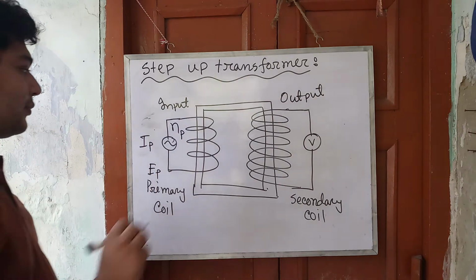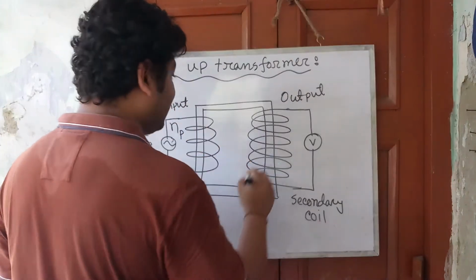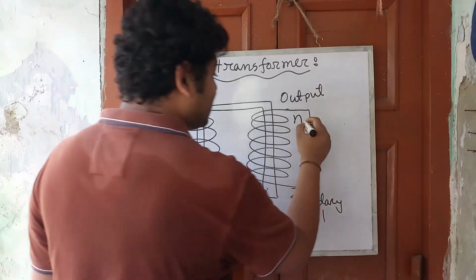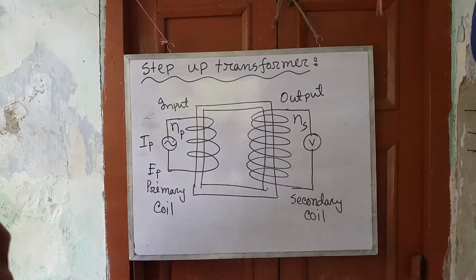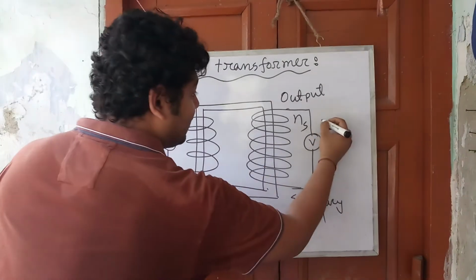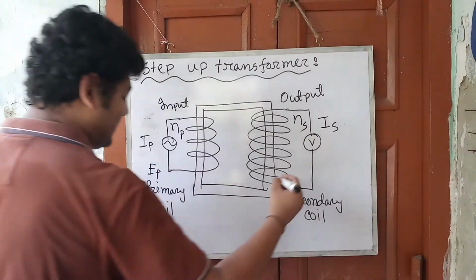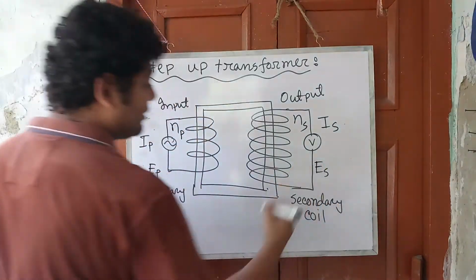Okay. And for the secondary coil, the number of turns is denoted as NS, the current is denoted as IS, and the EMF or voltage is denoted as ES.